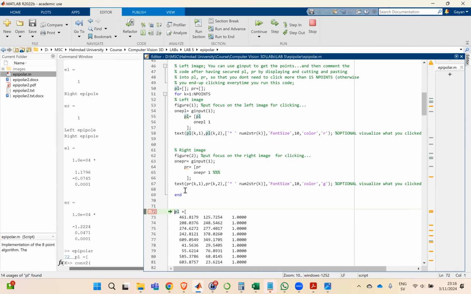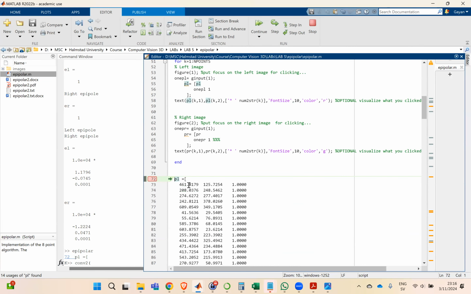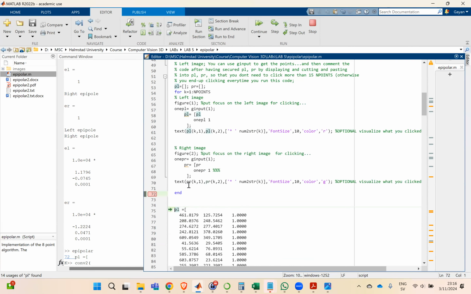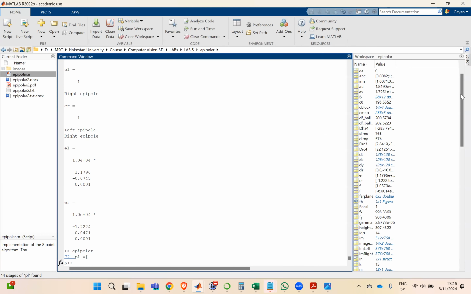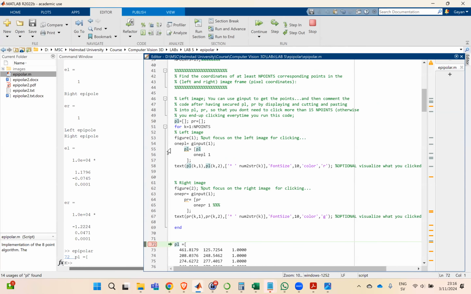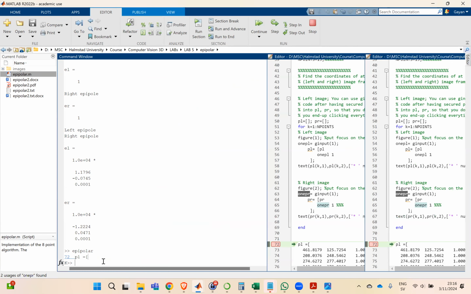Now I should be able to see these values. How can I see these values? Maybe all of these values are in a variable. Let's see this program. Yeah, one PR and one PL. These are the variables.